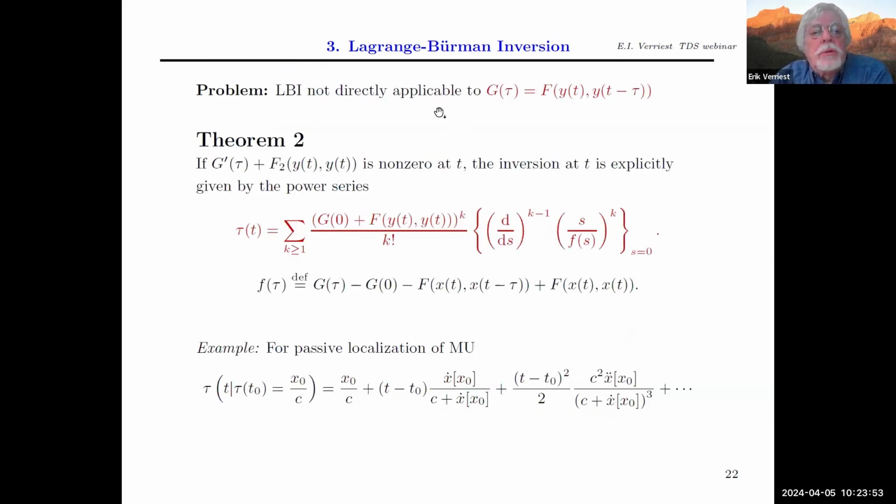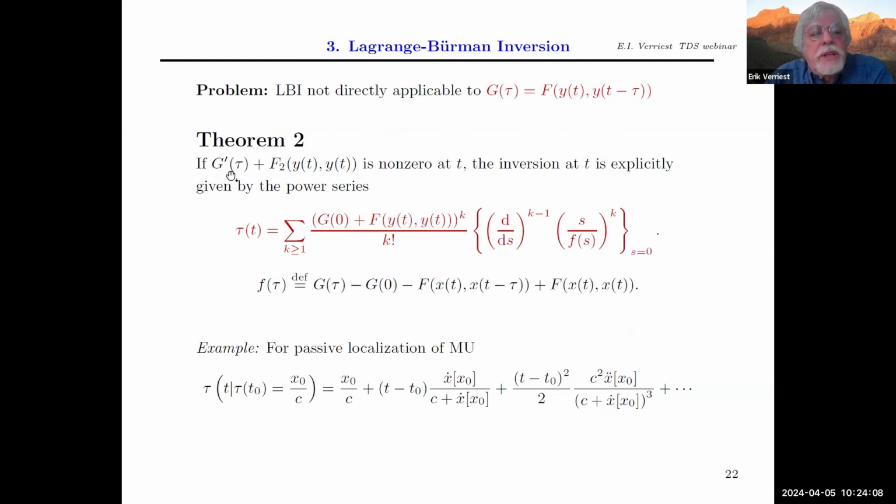Okay, so the problem is that the Lagrange-Bürmann inversion is not directly applicable to this system, but we can actually trick it into getting there. So here is theorem 2.